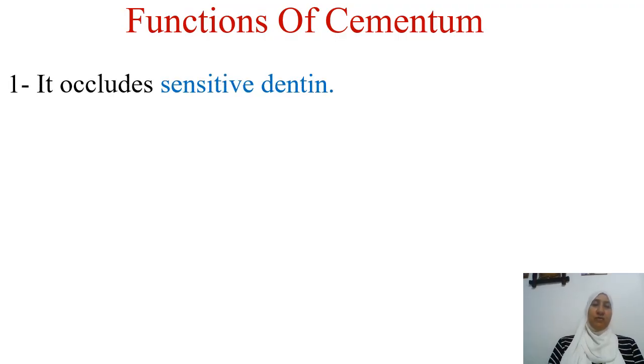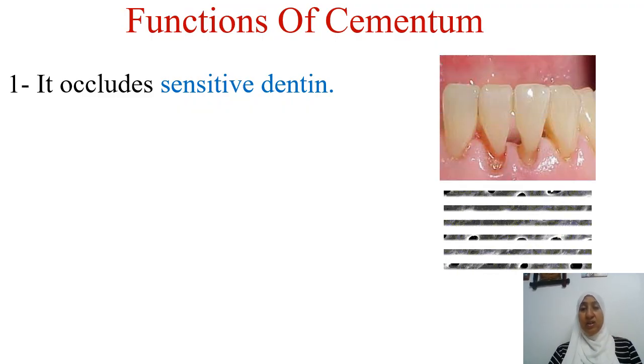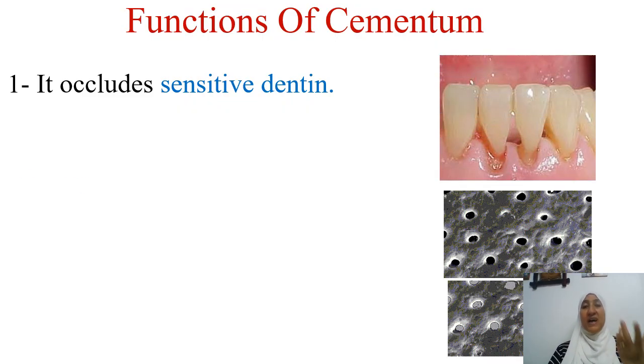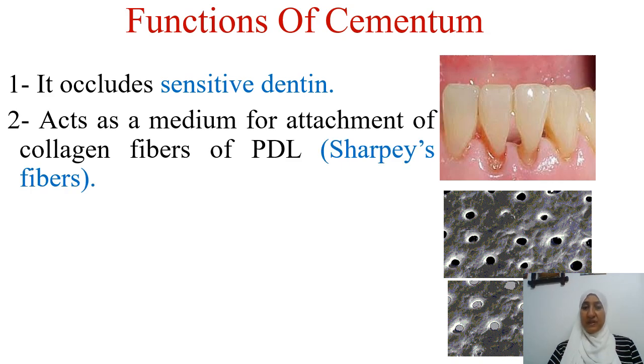As for the function of cementum, for sure it occludes the sensitive dentinal tubules. This is the crucial role of cementum. Not only that, the second very crucial and important role is to perform attachment to the PDL by Sharpey's fibers.